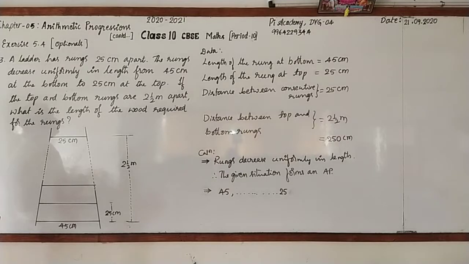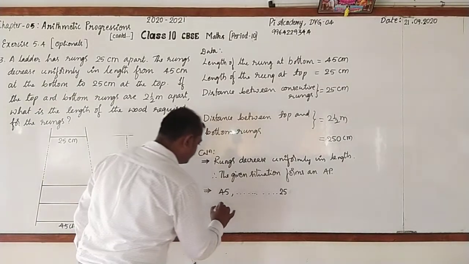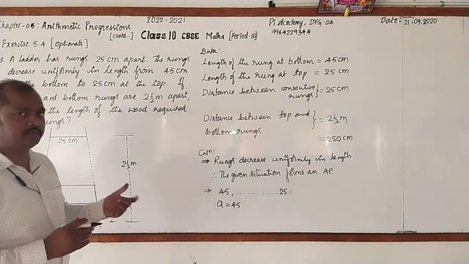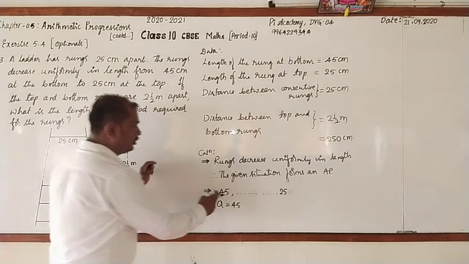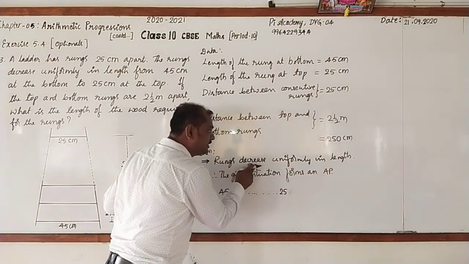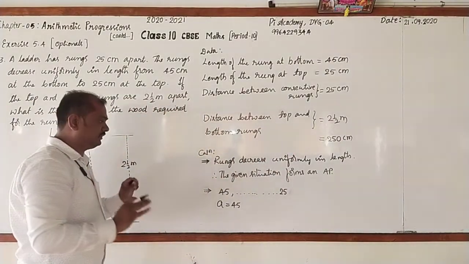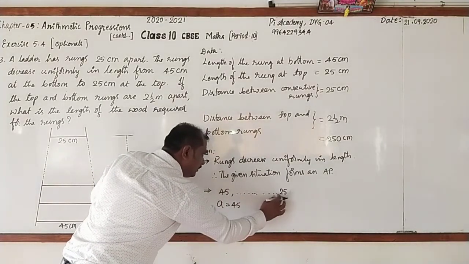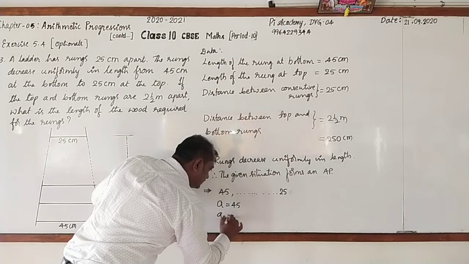First term, common difference, number of terms. First term, a is 45, right? Have they given the common difference? No, but it has been given that rungs decrease uniformly in length. That's understood. d is constant. Next, 25 is the last term.